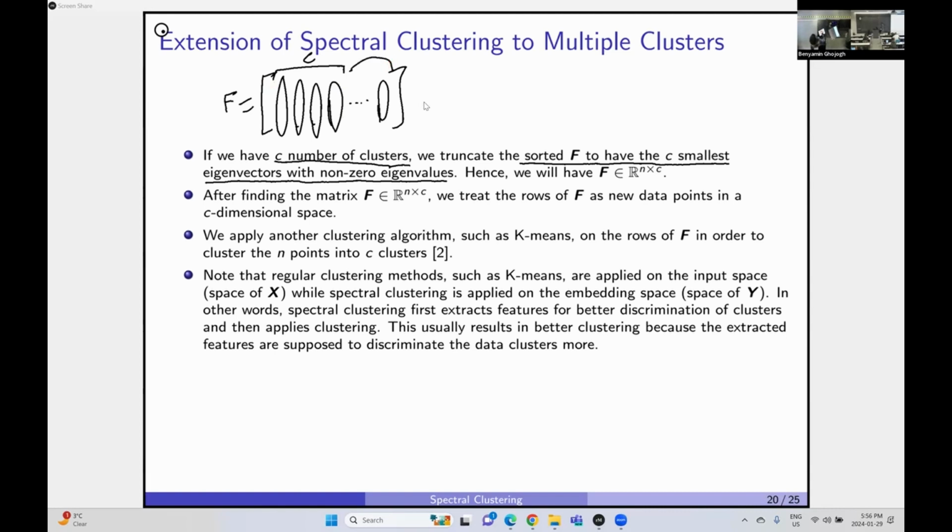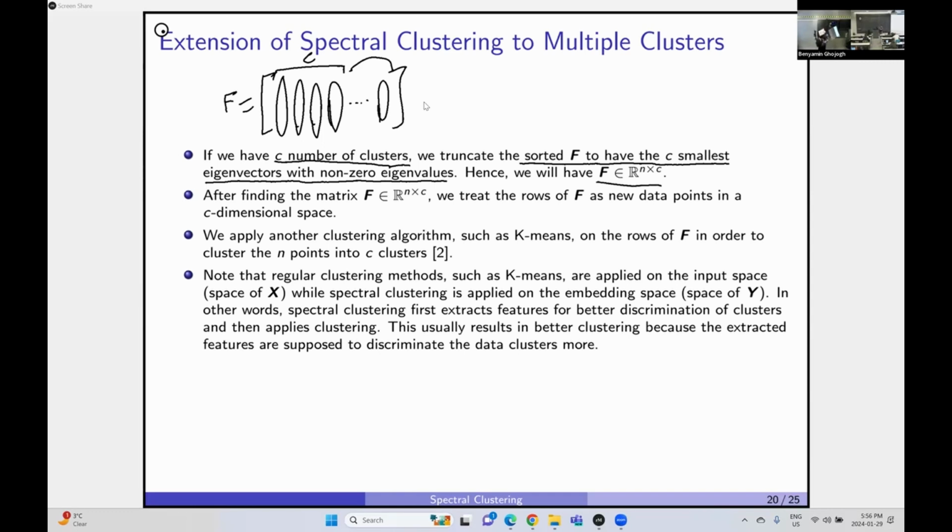By the way, I have already ignored the first eigenvector with the zero eigenvalue. I don't consider the eigenvector with zero eigenvalue. Then I get the smallest C eigenvectors. When I say smallest C eigenvectors, I mean the C eigenvectors with the smallest eigenvalues. So now F becomes n by C.